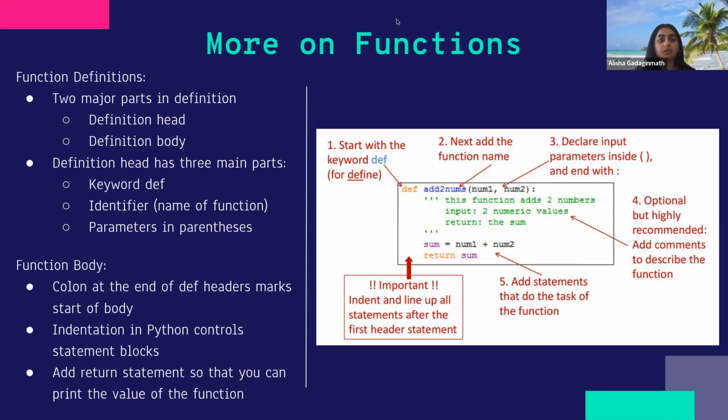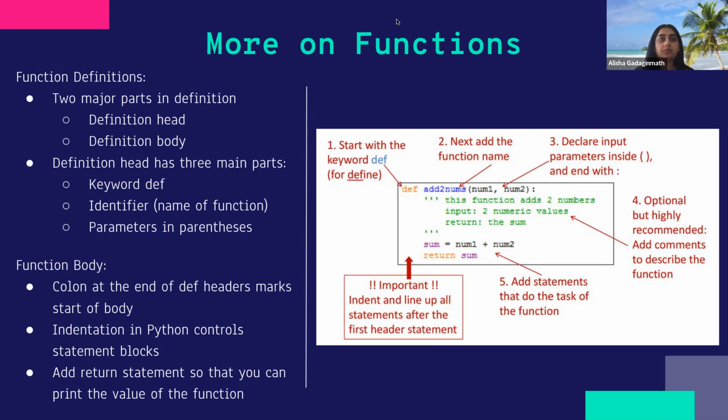So first we'll talk about the basic parts of a function. There are 2 main parts in the function definition: the definition head and the definition body. The definition head has 3 parts: the keyword def, an identifier or the name of the function, and the parameters held in the parentheses.